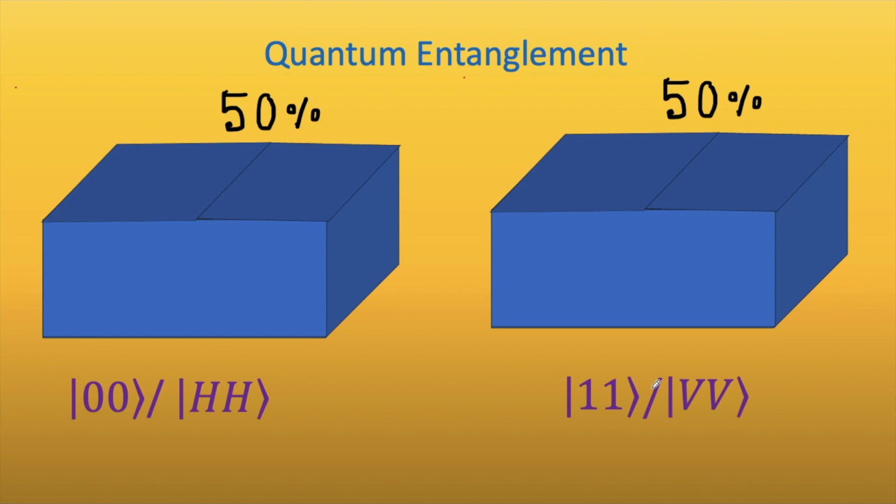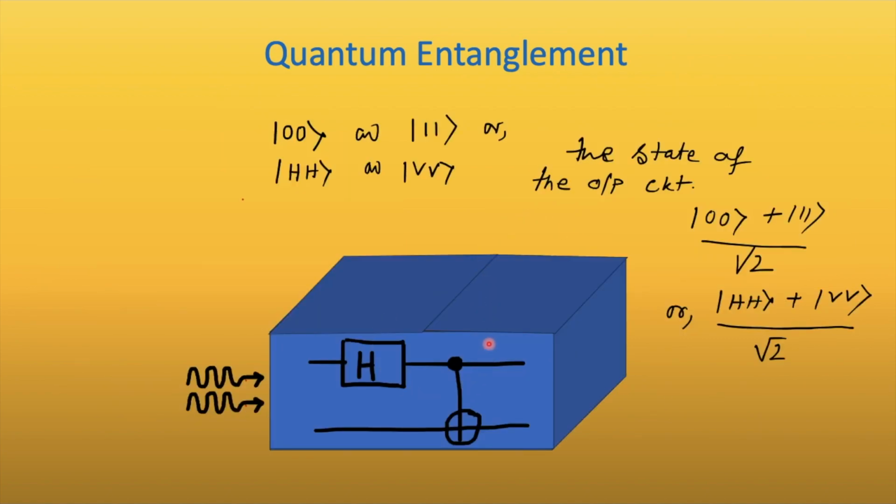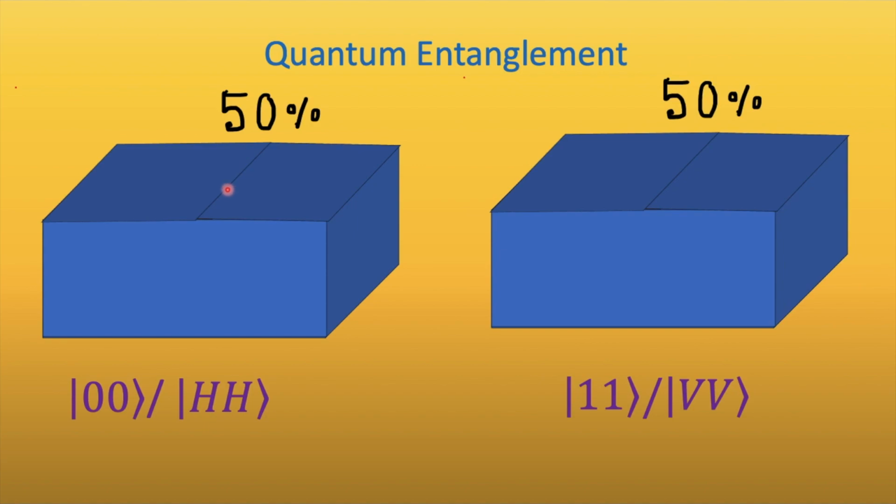Now these two boxes are showing two different states, whose probability of having the horizontal vibrational state is 50% and the vertical vibrational state is also 50%. Clear that after the operation, if we open this box, there is a 50% chance to get ket 0 0, or the horizontal vibrational state in both particles, and a 50% chance to get the particles in ket 1 1 state, that is both are in the vertical vibrational state.